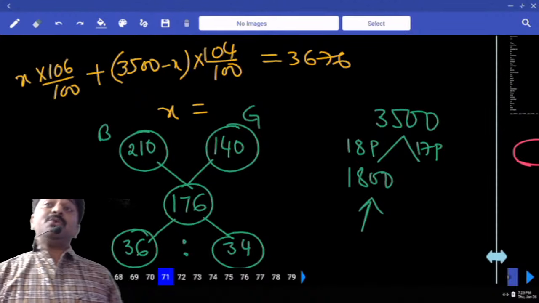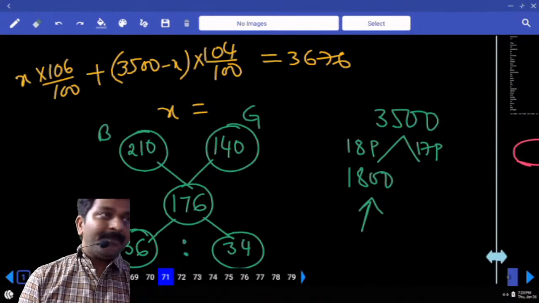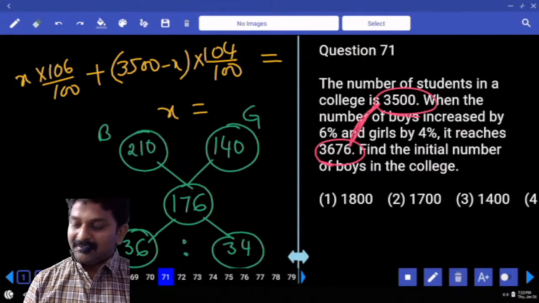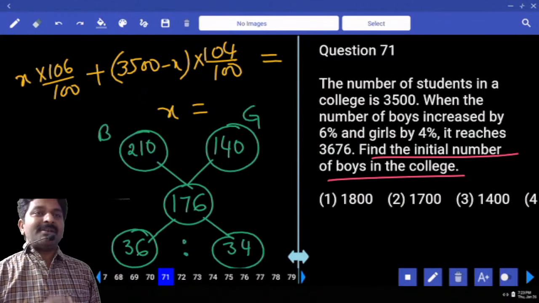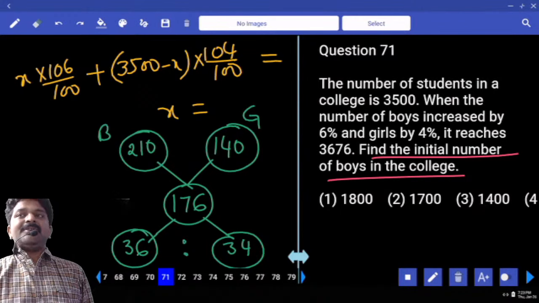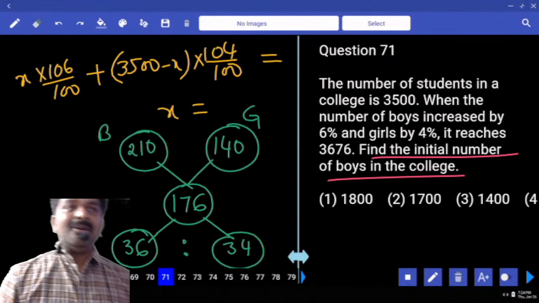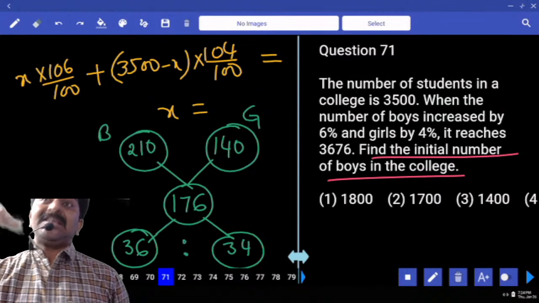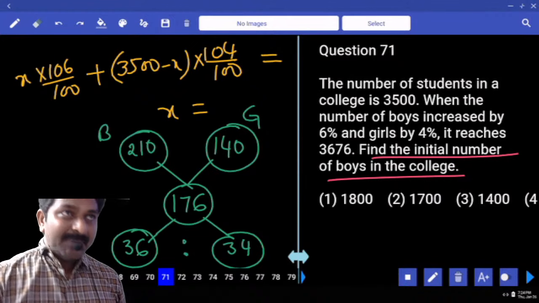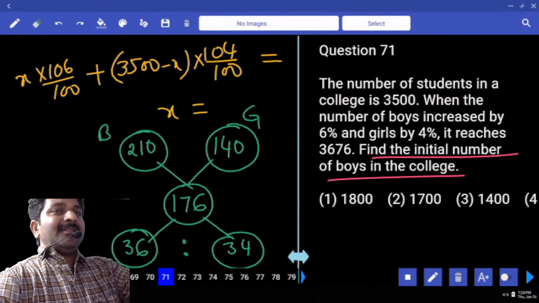You can even use the reverse method. That is my favorite method. What is this reverse method? Right. Now look at your actual question. We were asked to calculate the number of boys. In the reverse method, we need to start with the against statement. Against statement in the sense, whatever you want to calculate, start with the case that it does not exist. That means, when we want to calculate the number of boys, we need to start with there are no boys.